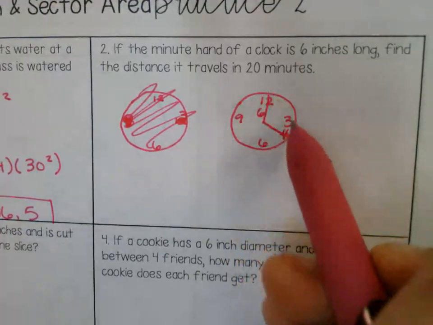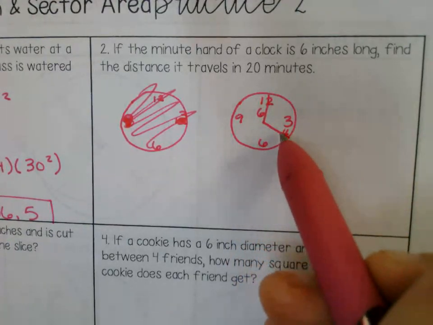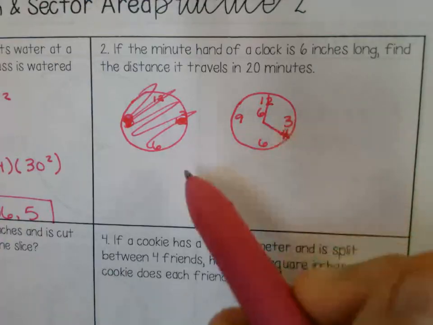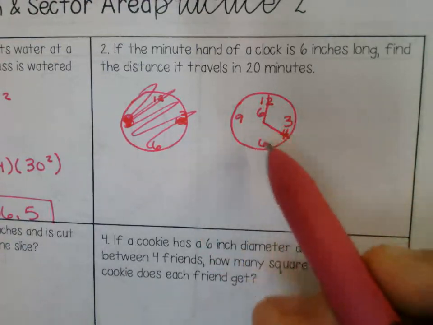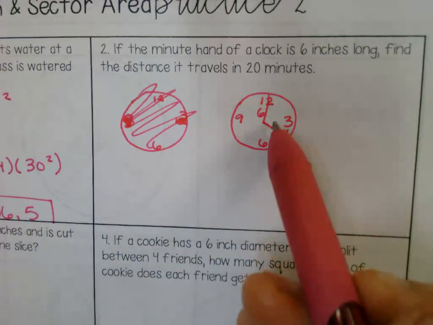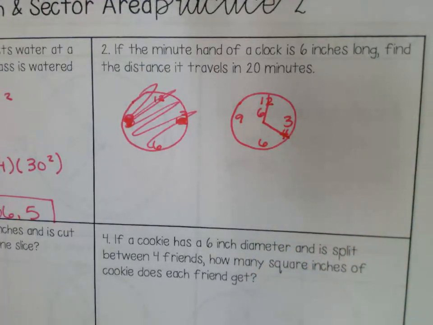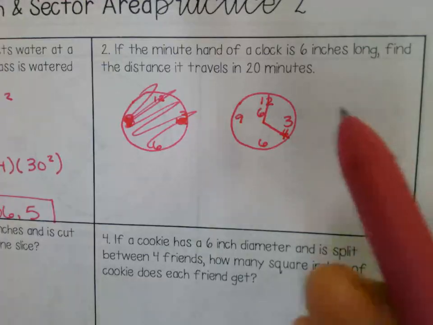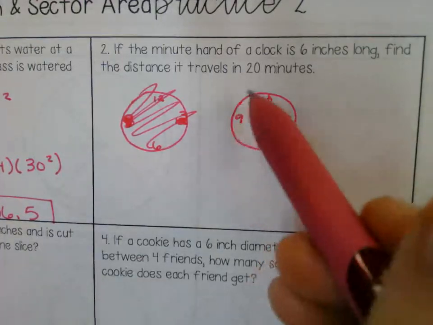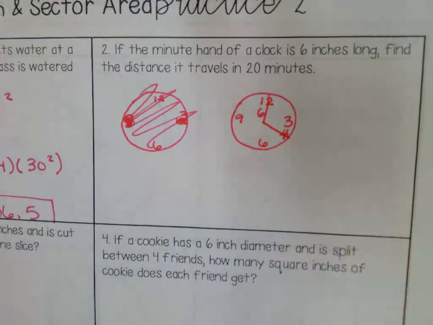Okay, take this, find out what fraction of the clock this is. So you do 20 over 60. That's a third. 1/3 of 360 is 120 degrees. Another way to do it, because you may have more of these problems somewhere, is to figure out how many degrees each time it goes to a number it is. So you would go 360 divided by 12.